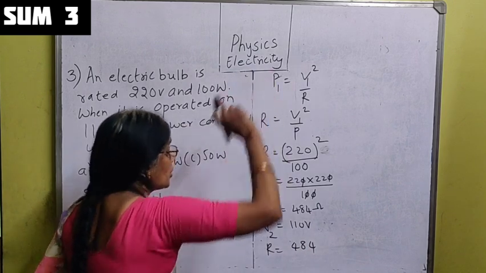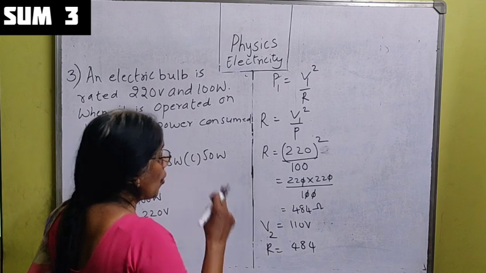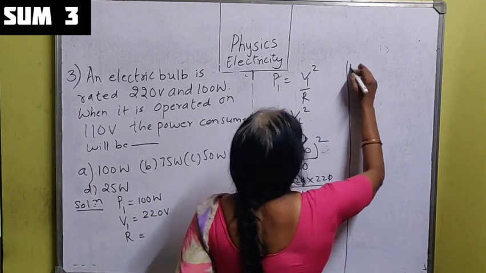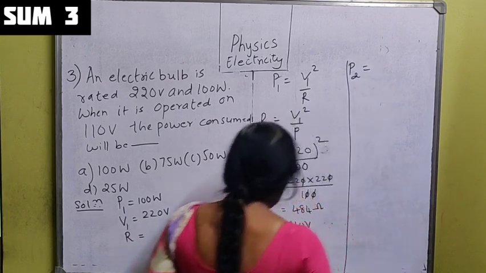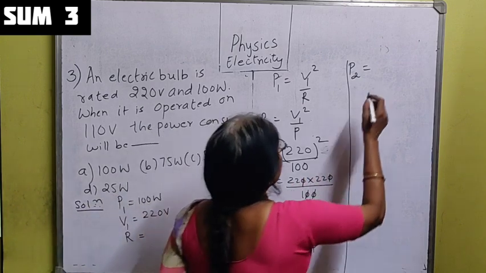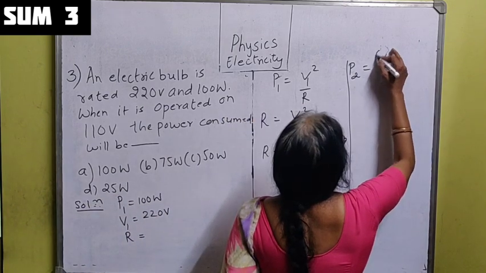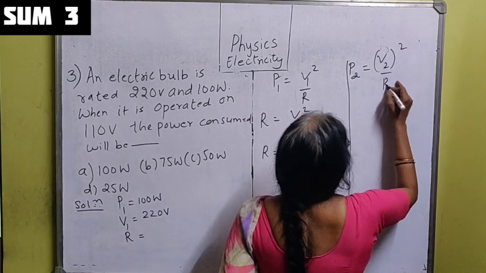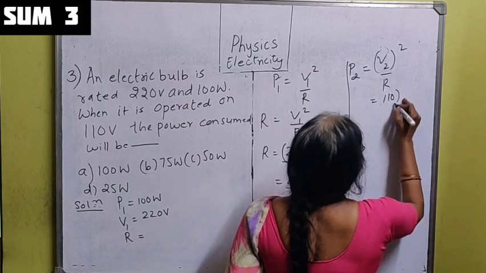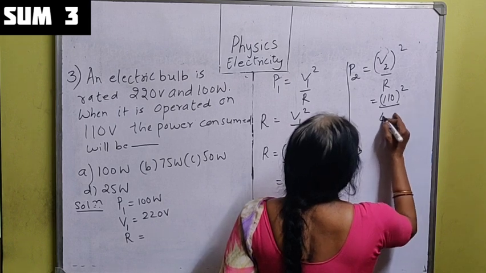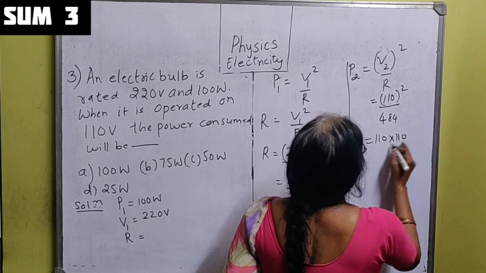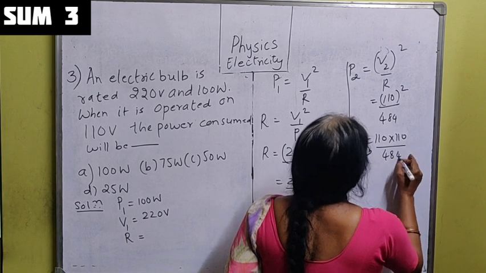Same equation we will take, because now we have to find P. So P2 is equal to V2 square by R, that is 110 whole square by 484. So 110 into 110 divided by 484.